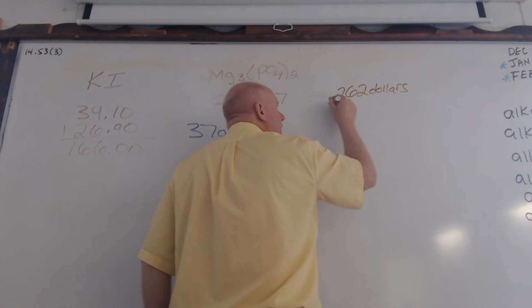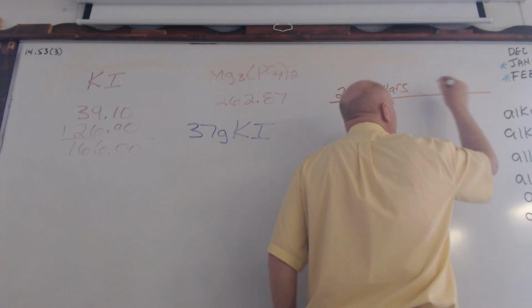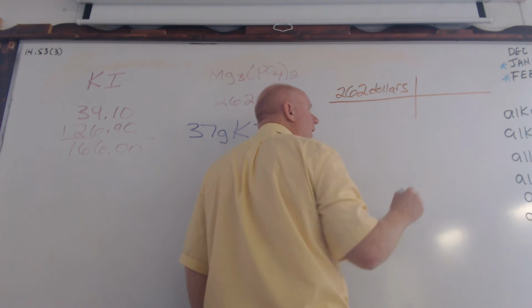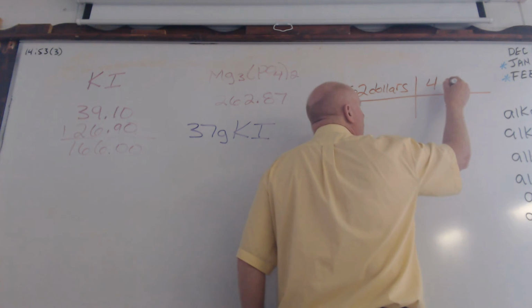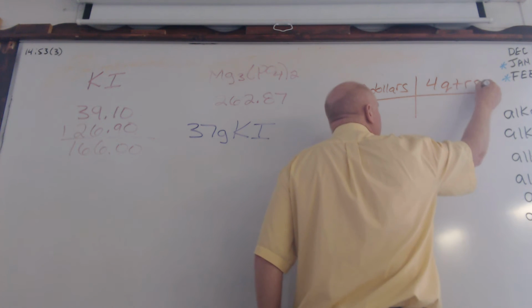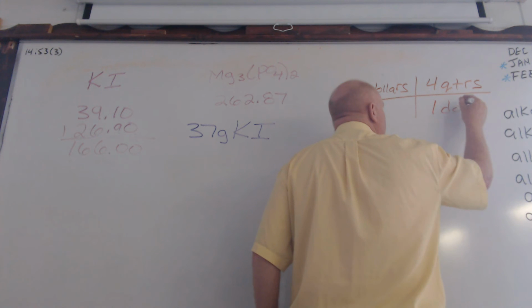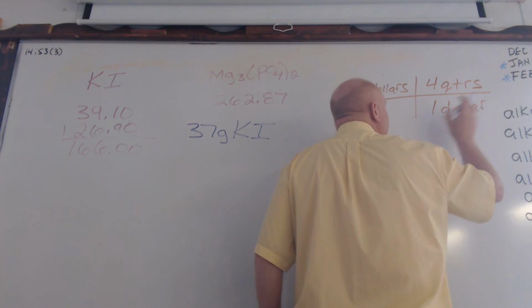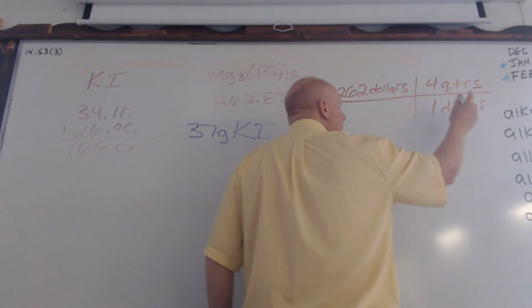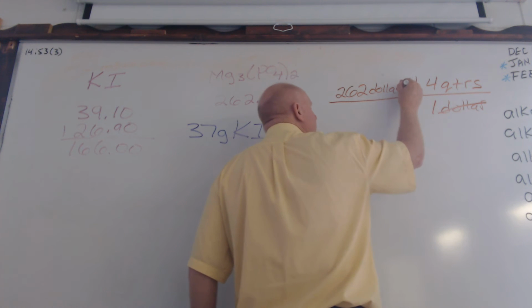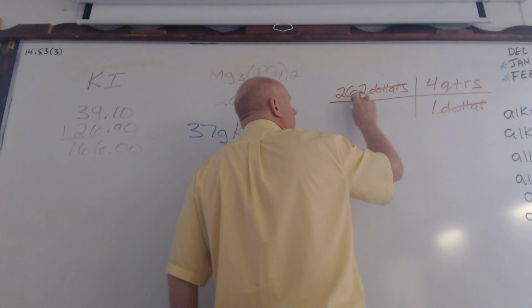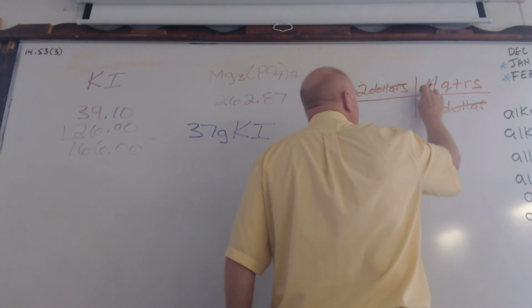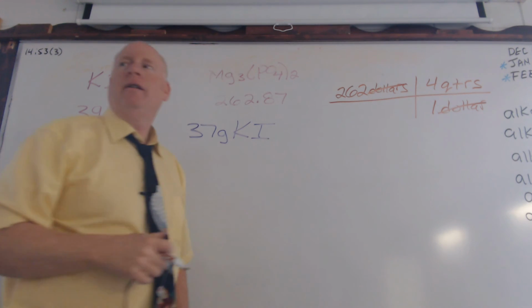Okay, so how many quarters are in a dollar? Okay, so for every 4 quarters, you get $1. Okay, so therefore these cancel each other out. You take 262 times 4. 1048.